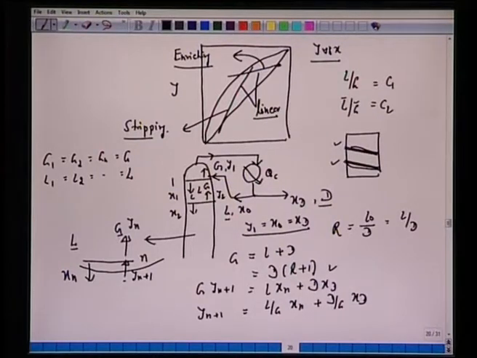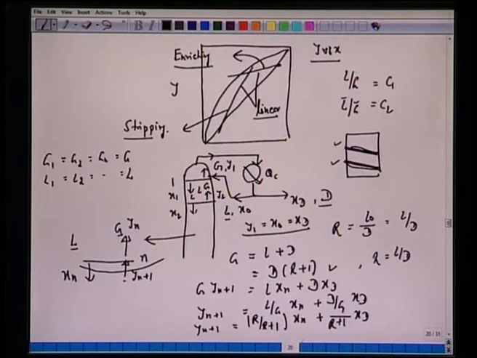Now with these definitions, that G equals D times (R plus 1), it's not difficult to show that we obtain Yn plus 1 in terms of reflux ratio. L by G: we have G equal to L plus D, and G also equals D times (R plus 1), and here R equals L by D. That means L by G is R over R plus 1, times Xn, plus XD times D by G, which will be 1 over R plus 1.